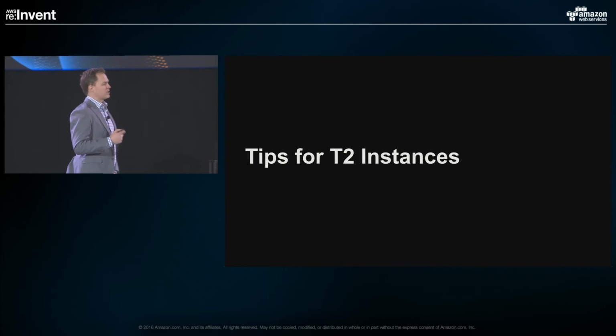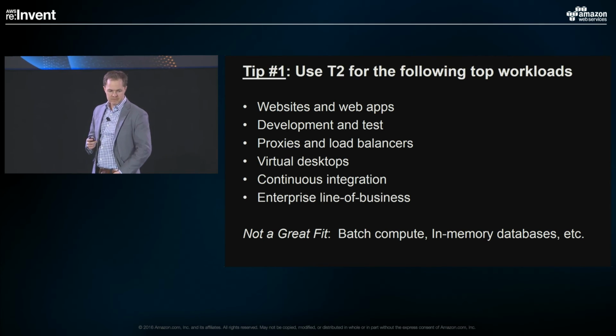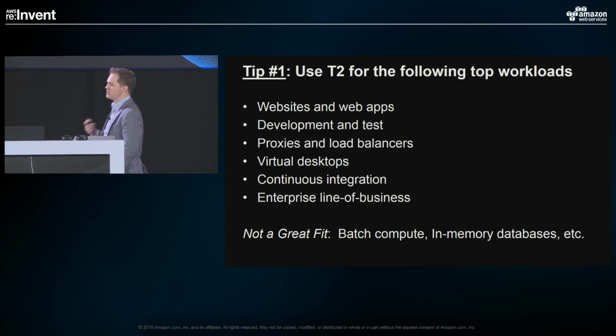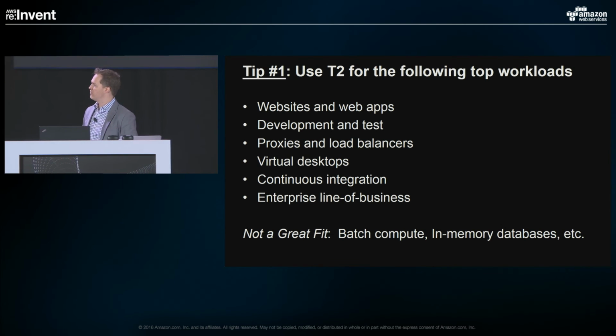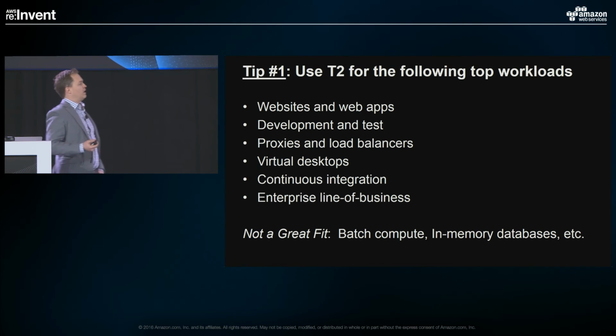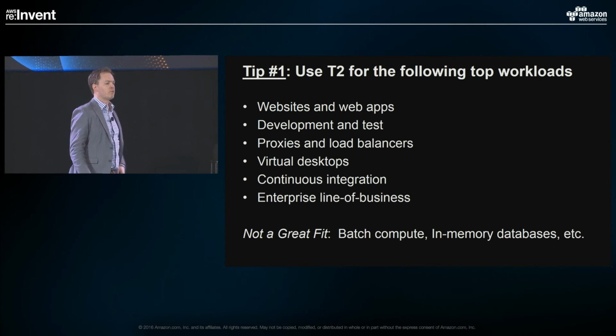So in this last section, I just wanted to talk about a few tips, things to think about. So the first tip here is some of the workloads that can be really good fits for T2 instances. One that we know is very popular with T2 is websites and web apps. And this scales across quite a broad variety of different use cases.